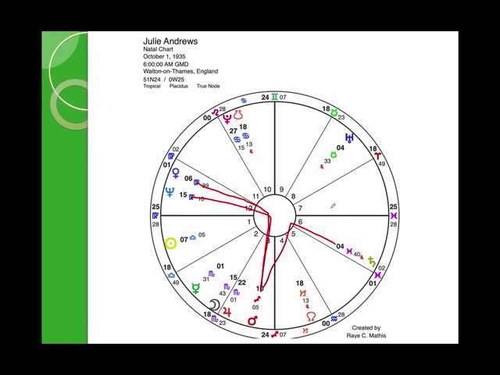Now let's see, have we got any other squares? Now we've got a planet here at 27 Cancer, which is one of those latter degrees. So let's see, if we take this to the next sign, it's going to be 0 degrees Leo. So look at that. Yes, sir.